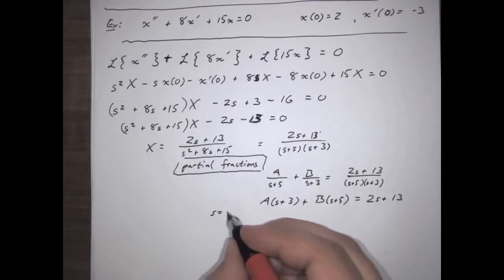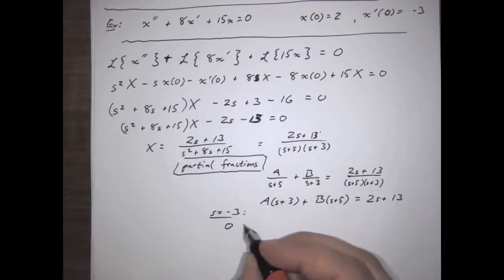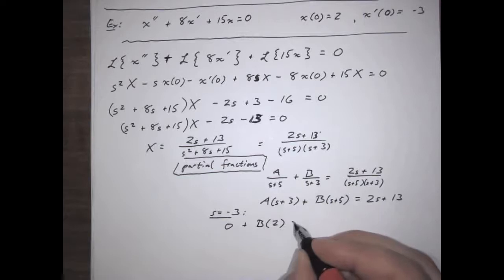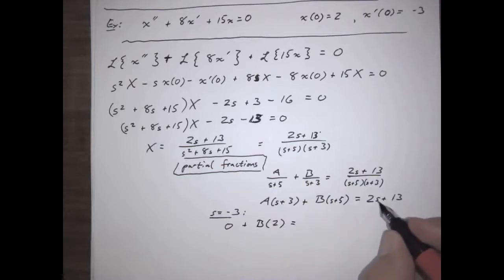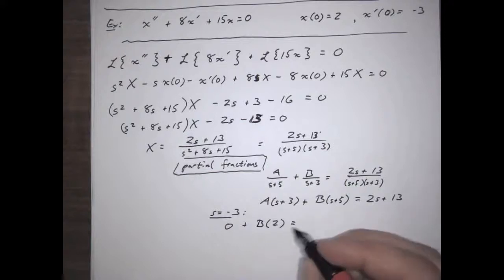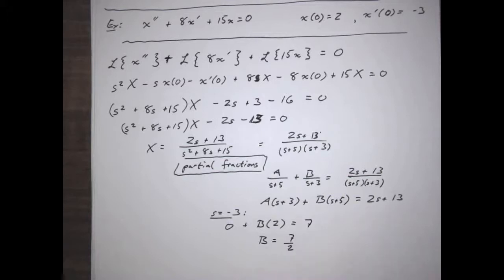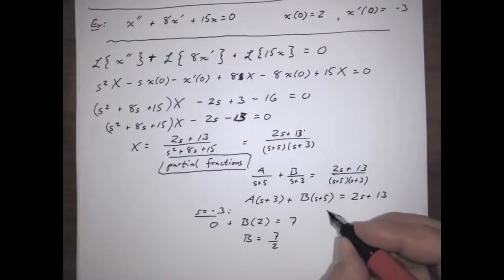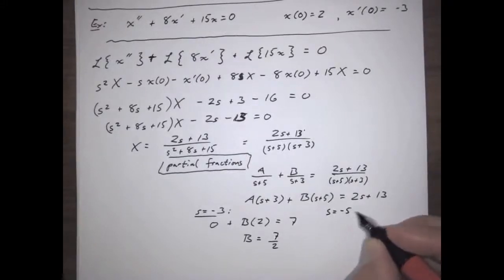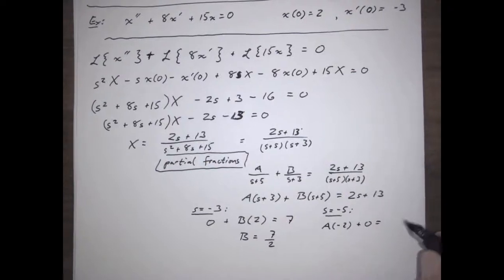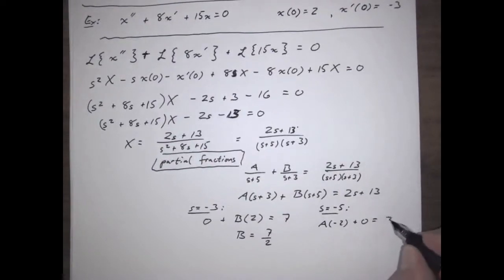Set s equal to -3, that'll cancel that one, so that'll be 0 plus B times 2 equals, and then here we're going to have -6 plus 13 is going to be +7, so B is going to equal 7 over 2. Okay, and then on this side, if s equals -5, then we're going to have A times -2 plus 0 equals, and then that's going to be -10 plus 13 is going to be +3.